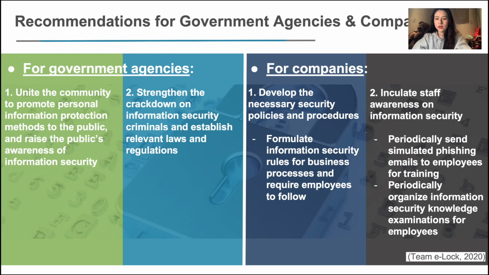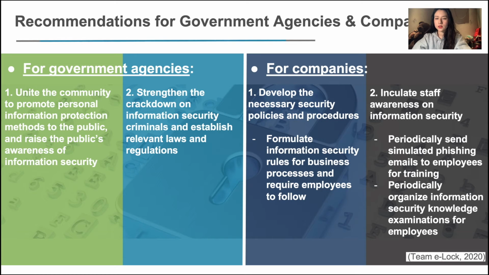In addition, government agencies need to curb related cyber attacks from the source. For example, strengthen the crackdown on information security criminals by upgrading their tracking capability, promulgate relevant laws and regulations, and increase penalties for cyber attack criminals to bring deterrence to them.